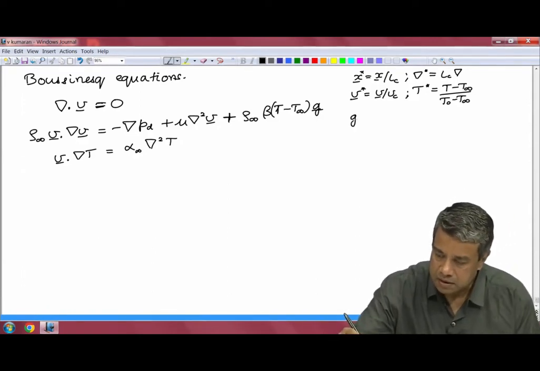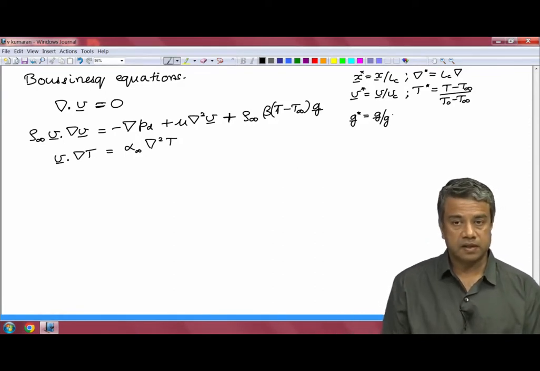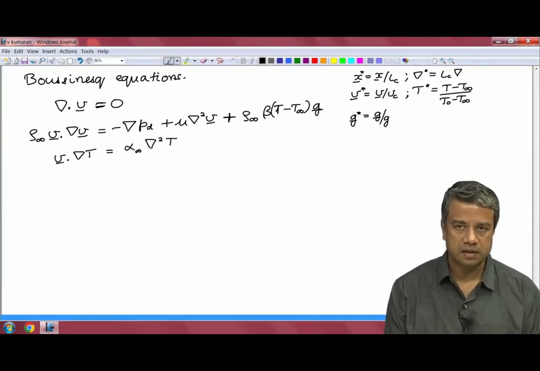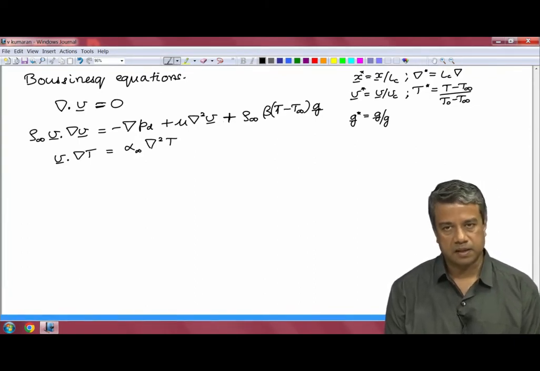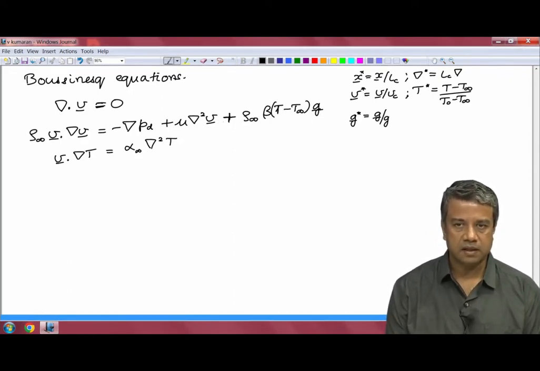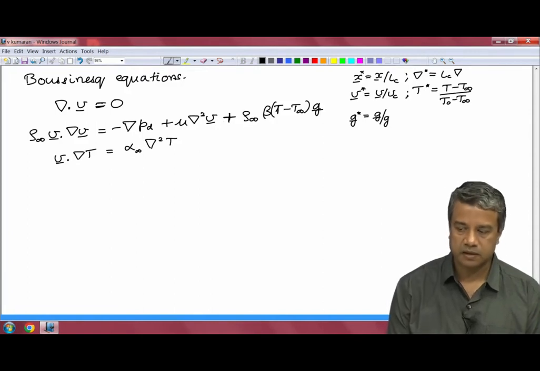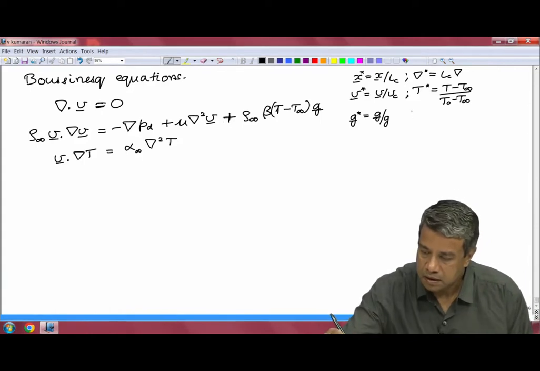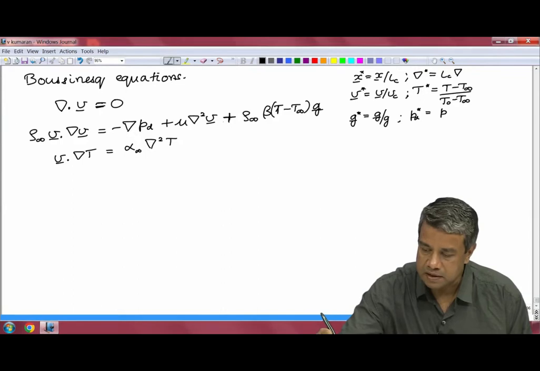And I will use a scaling for the gravitational field, equal to the vector divided by the magnitude of the gravitational acceleration. The gravitational acceleration on the Earth's surface is approximately 10 meters per second squared. So, the gravity vector which is acting in the vertical direction is being scaled by its magnitude. And the dynamical pressure can be scaled either by inertial or viscous scales.